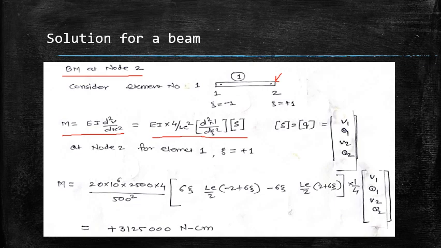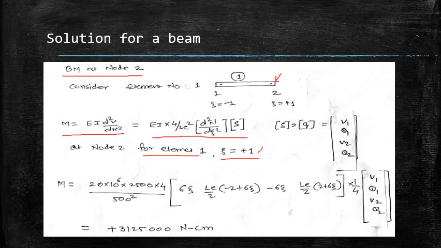Therefore, for element number 1, local node number 2, zeta is equal to plus 1. And substituting this value of zeta equal to plus 1 in d2N by d zeta square, where N is the shape function matrix N1, N2, N3, N4, and the shape functions are represented as a function of zeta. Why plus 1?